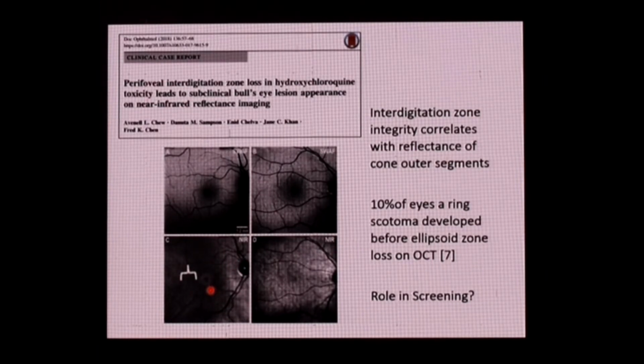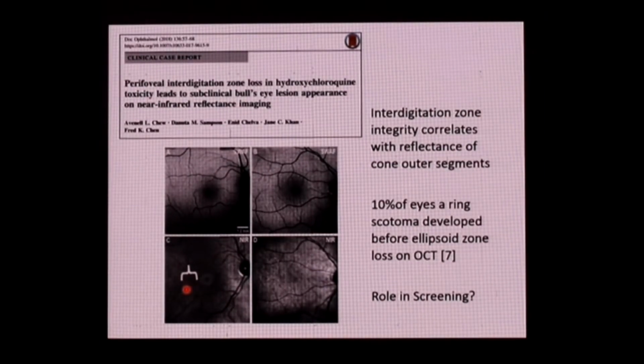But it's not the bright central area that's abnormal. It's actually the area just outside of it where you get an abnormality in the interdigitation zone, and that modulates the infrared reflectance signal. So it's actually this area in white that's abnormal, and that's where the OCT interdigitation zone abnormality is noted, and the actual bright center is the normal area.